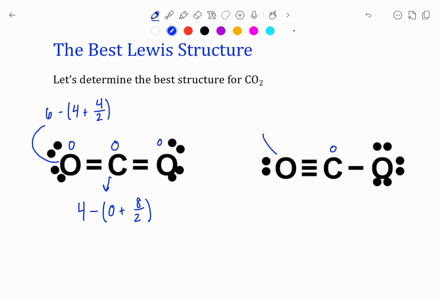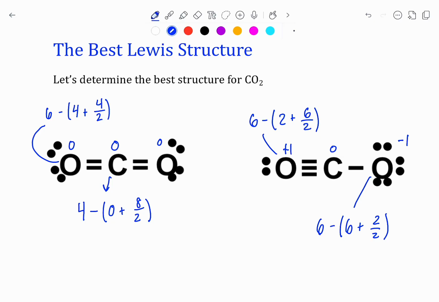Okay, this oxygen, 6 valence electrons, 2 lone pairs, so 2 electrons in lone pairs and 6 electrons in bonds. So that gives it a formal charge of +1. And then this oxygen, we have 6 valence, 6 electrons in lone pairs, 2 electrons in bonds divided by 2, for a formal charge of -1.